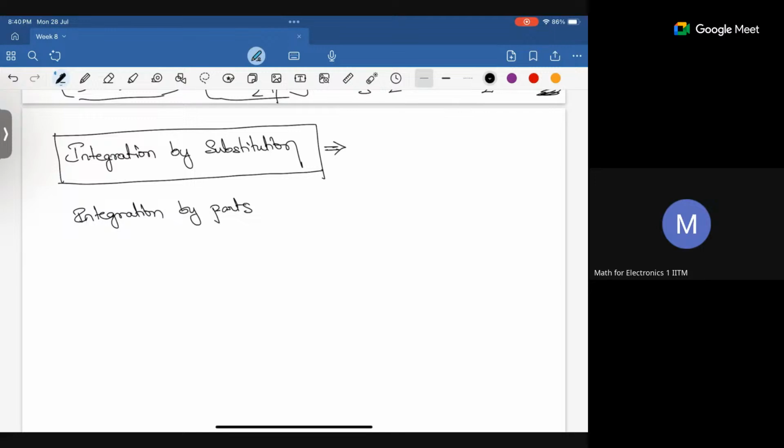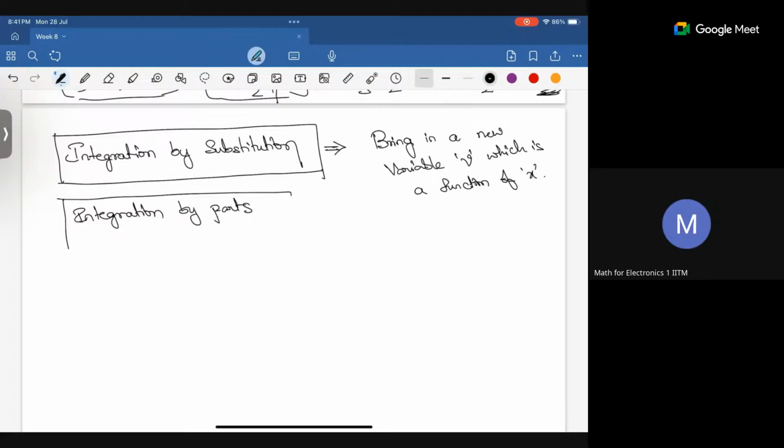So we bring in a new variable, maybe u or v, which is a function of x. Instead of x, we bring in some other variable v, so that our complicated function boils down to a very well-known function. That is integration by substitution.